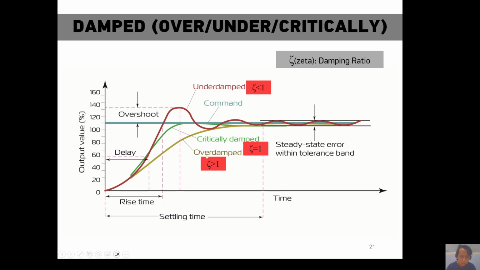We get the overdamped response like this one if zeta is over 1, and we get the best of it, which is critically damped, at a zeta of 1.